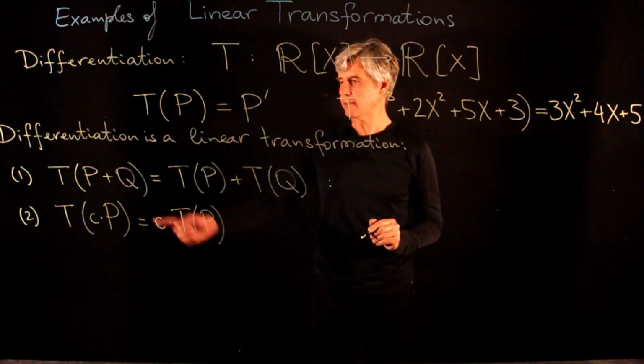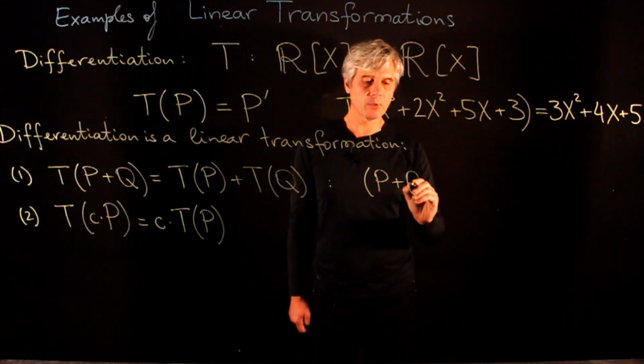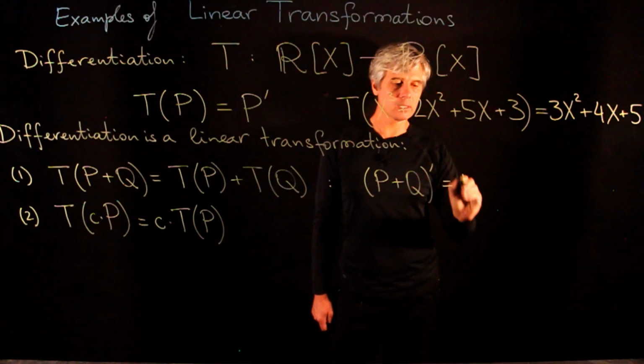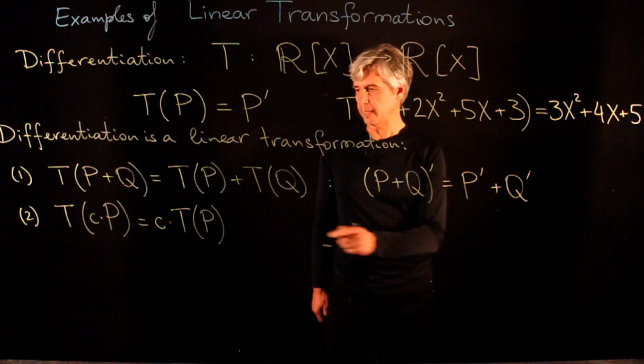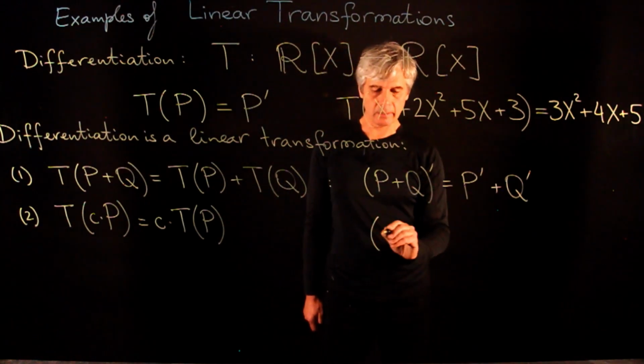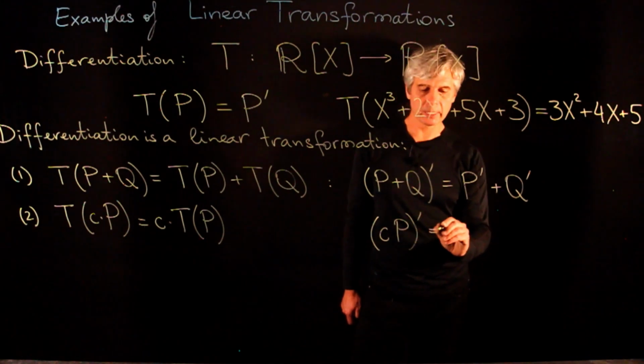The first will say that the derivative of P plus Q is equal to the sum of the derivatives. And the second will say that the derivative of C times a polynomial is C times the derivative.